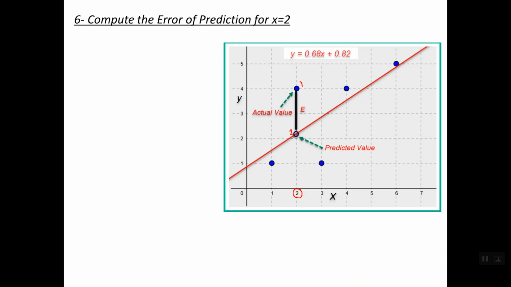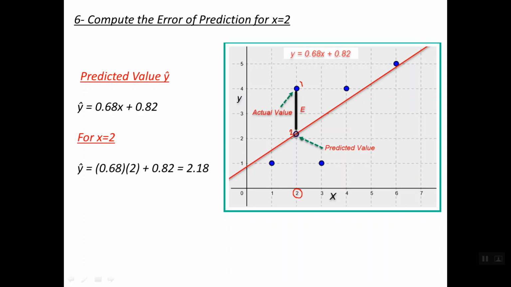So the height of point number 1 is known, it is 4. We need to determine the predicted y for x equal to 2, so we can simply use the regression line formula and substitute x equal to 2.